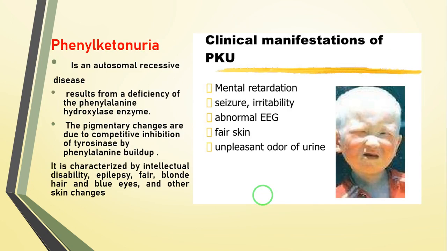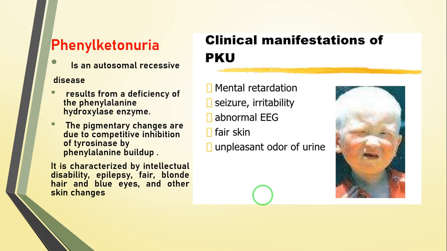The other disorder that results in fair skin is phenylketonuria. It is a genetic disorder inherited as an autosomal recessive disease. There will be deficiency in the enzyme phenylalanine hydroxylase. This enzyme is required for the conversion of the amino acid phenylalanine to tyrosine.